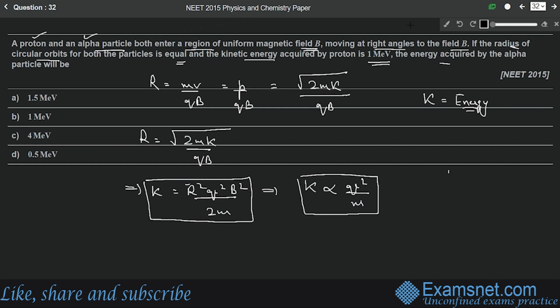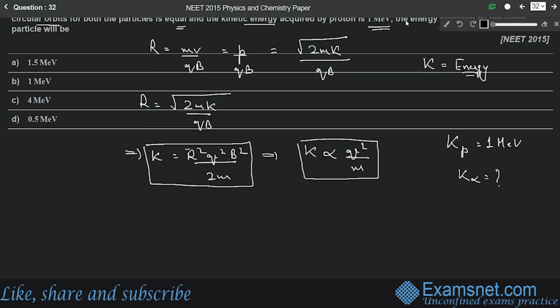Now the energy acquired by the proton, that means Kp, is given as 1 MeV, and we have to find the energy acquired by the alpha particle, that means K alpha. So K alpha by Kp will be equal to (Q alpha by Qp) square into Mp by M alpha, because M is on the denominator side.